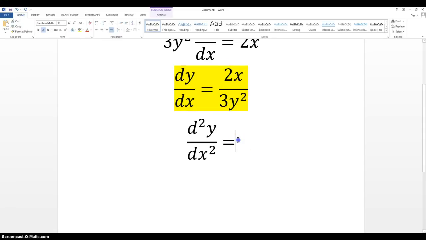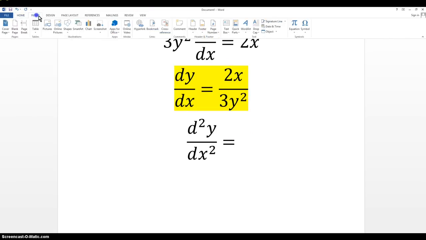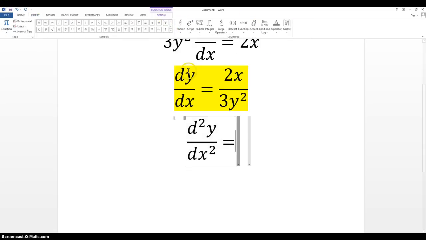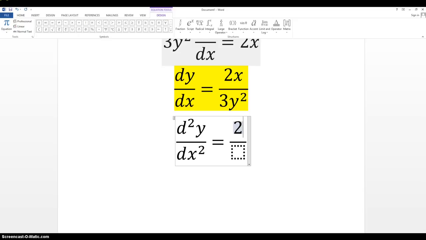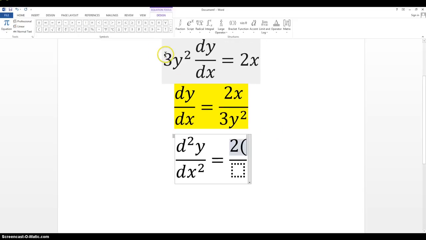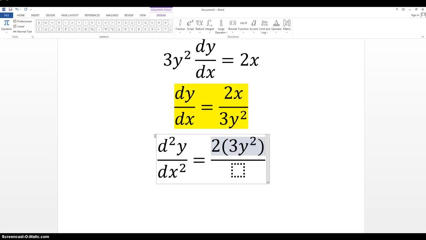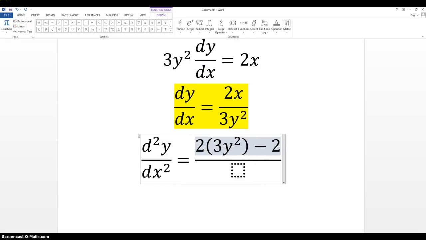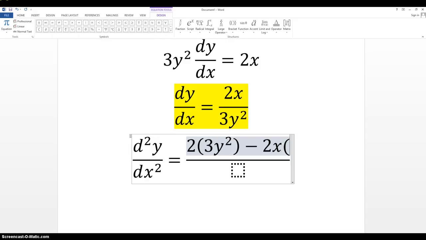Okay, so if we take the second derivative, we basically have the derivative of the first. Well, what's the derivative of 2x? Well, that's simply 2 times the second, which is 3y squared, minus the first, which is 2x, times the derivative of the second, which is this part right here.